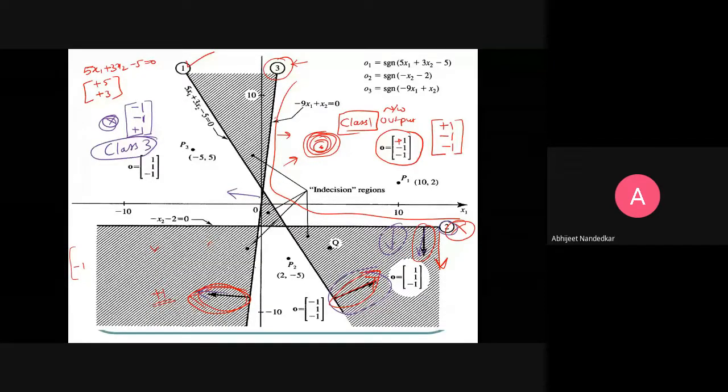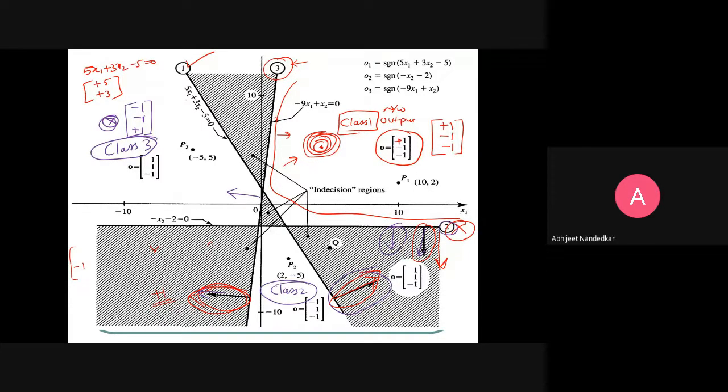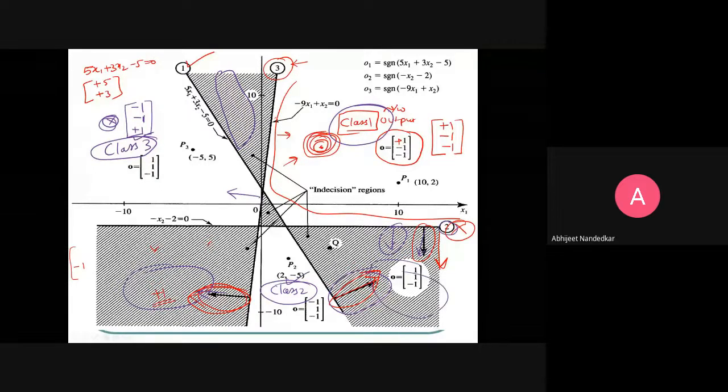Okay. So like that, you can check for this zone. This is the class 2 zone. So all these white portions are divided into 3 zones: this is class 1, class 2, and class 3. What about this shaded area? The shaded area is not giving you the right answer. There are multiple positive or incorrect answers.